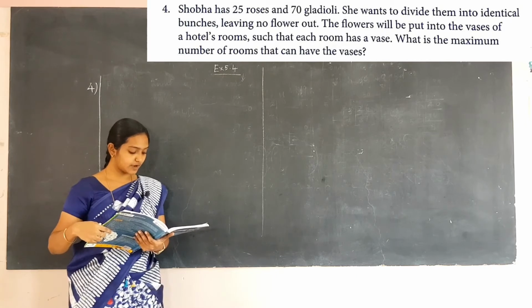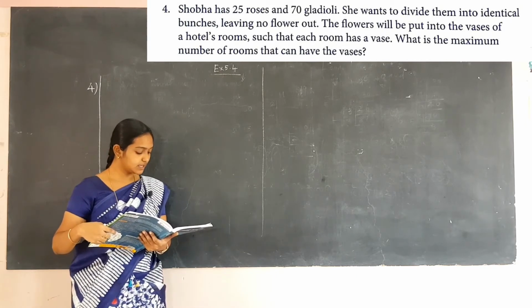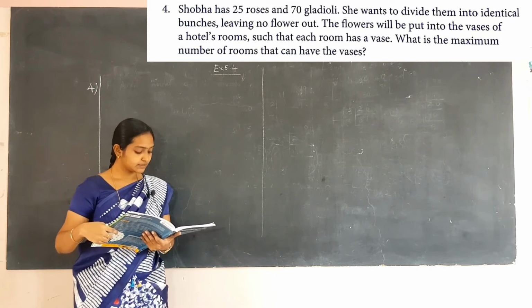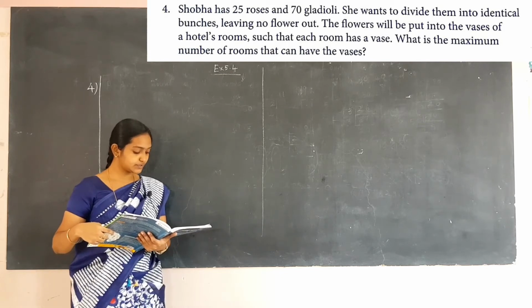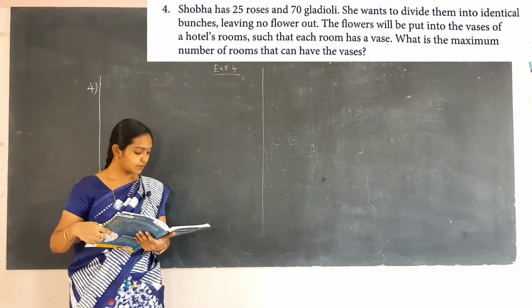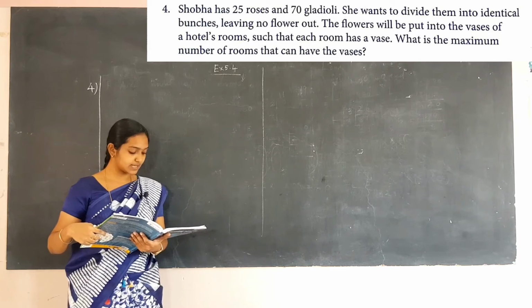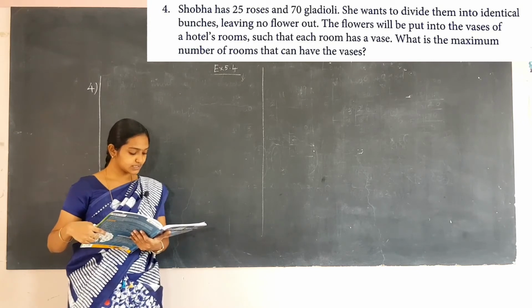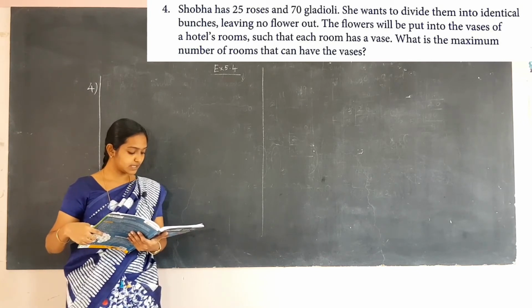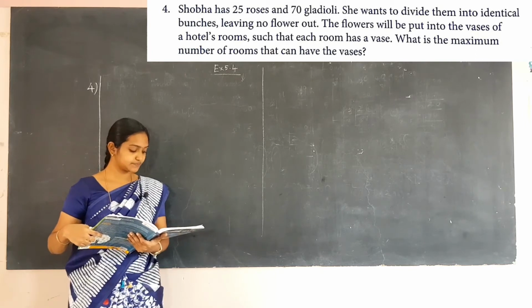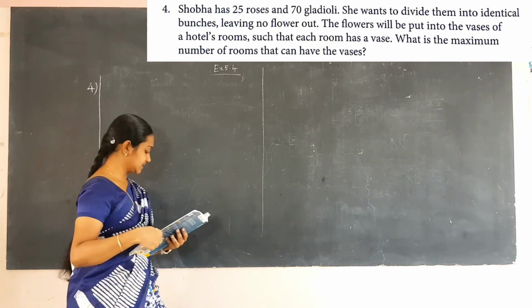The fourth question is, Shobha has 25 roses and 70 gladioli. She wants to divide them into identical bunches, leaving no flower out. The flowers will be put into the vases of a hotel's rooms such that each room has a vase. What is the maximum number of rooms that can have the vases? First let us write what is given.